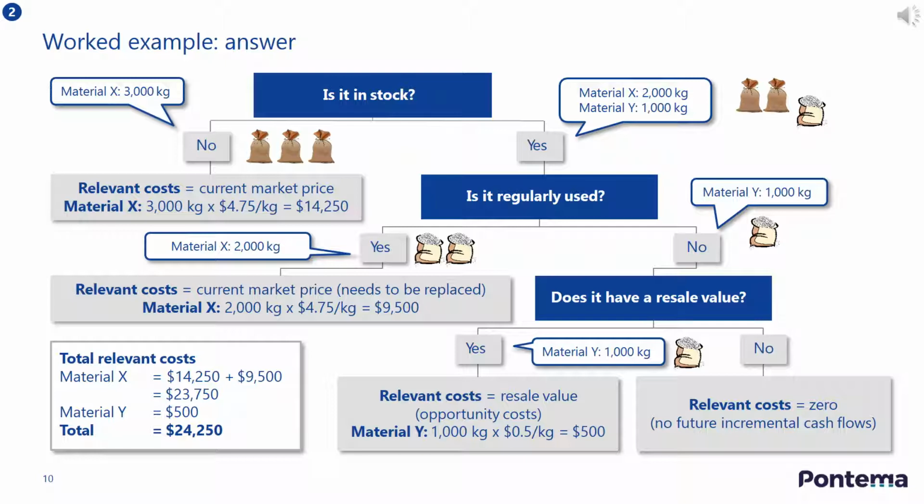Although material Y is in stock and not regularly used in the organization, it still has a resale value, or opportunity cost, which is the benefit lost by not reselling it. For Top Gear, it means the relevant cost of materials for the tender would be $24,250.